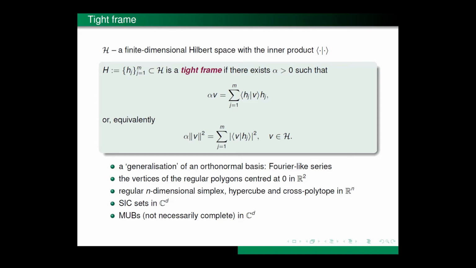And in d-dimensional complex space, we've got SIC sets, under the assumption they exist, or mutually unbiased bases, and they do not have to be necessarily complete. Any set of mutually unbiased bases forms a tight frame. So these are some basic examples of tight frames, and why do we need them? Why are we interested in tight frames in this context of morphophoricity?